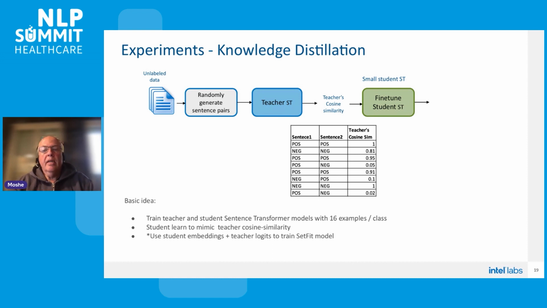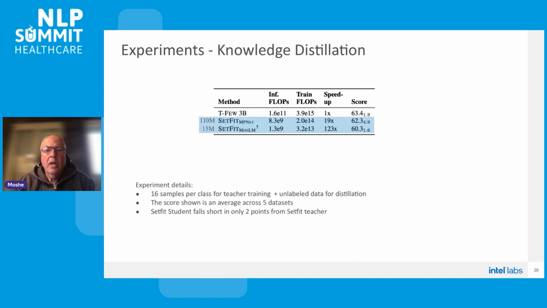Next, we train the classification head of the student by using the embedding produced by the student and the logits produced by the teacher. Here are the results. These tables show the comparison between SetFit MPNet and the SetFit student model, which is the distilled model. Here we used 16 samples per class, and the score is the average score across our datasets.